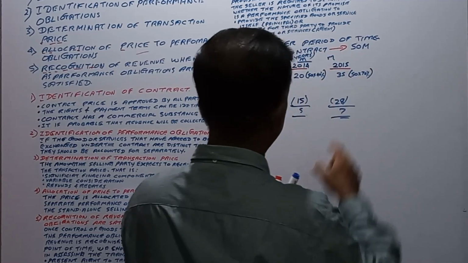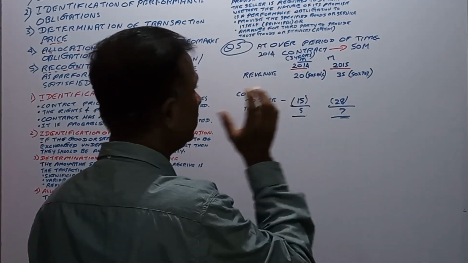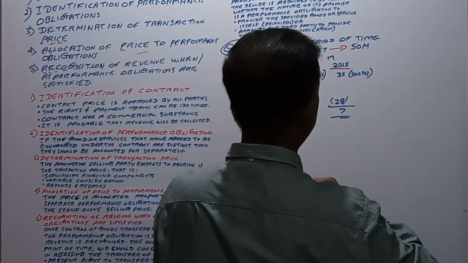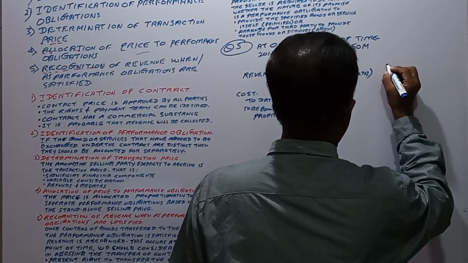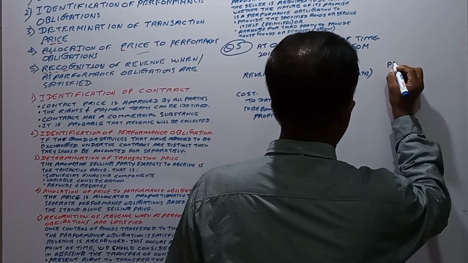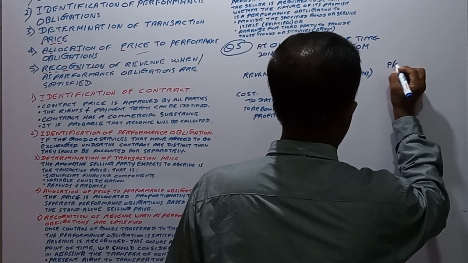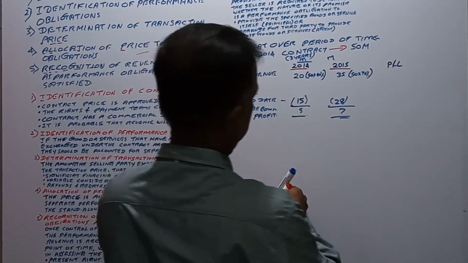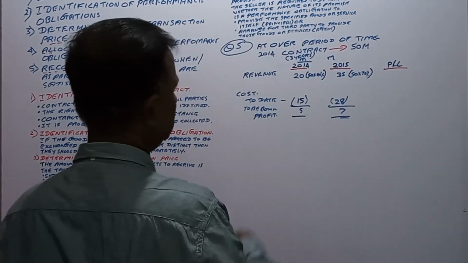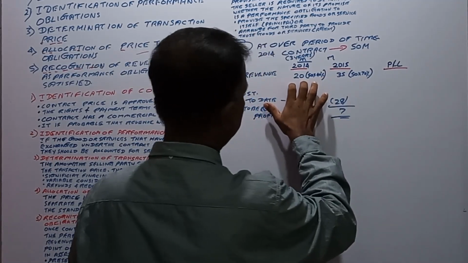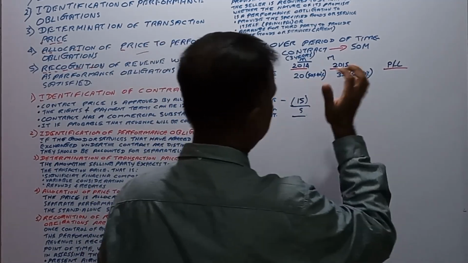This is cumulative, right? Cumulative during the period. How much we have to charge to P&L for the period? Because this is cumulative now. This 20 also is included here, in the 35.